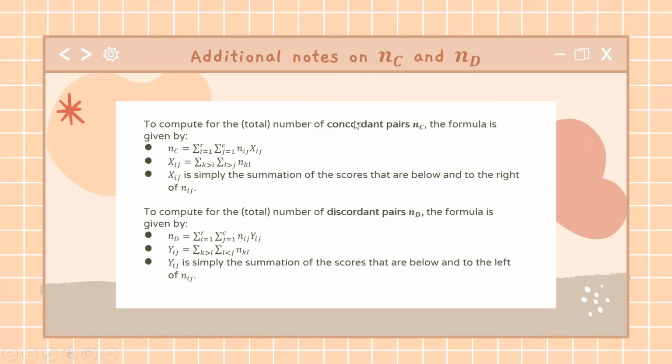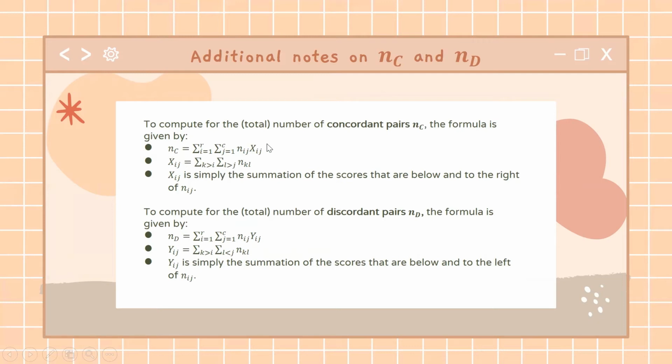To compute for the total number of concordant pairs, which is denoted by n sub c, the formula is given by n sub c equals the double summation of n sub ij and x sub ij, i from 1 to r and j from 1 to c, where we further define x sub ij as the double summation of n sub kl, where k is greater than i and l is greater than j.